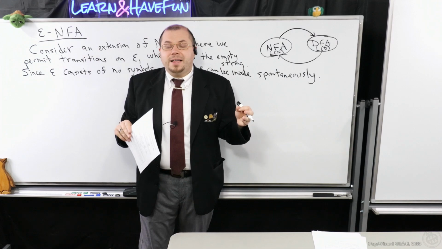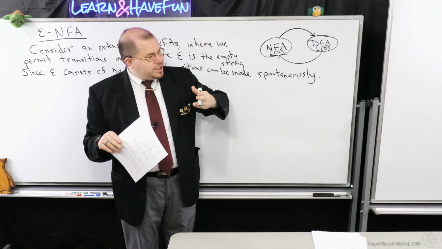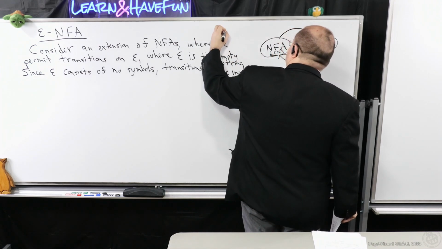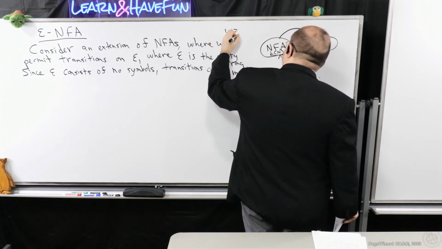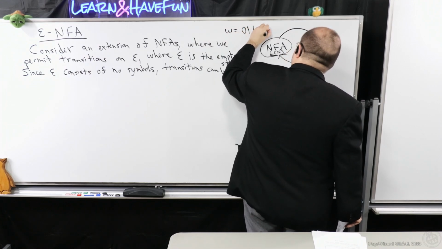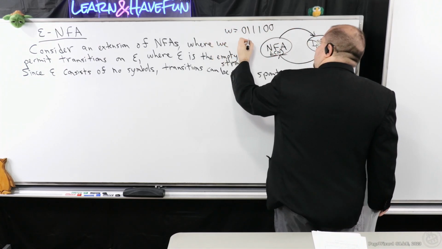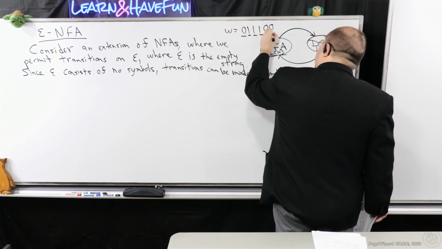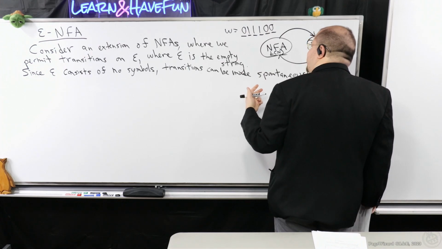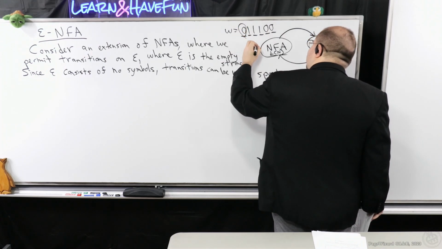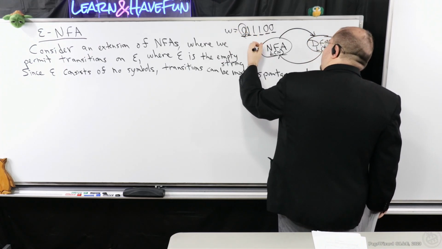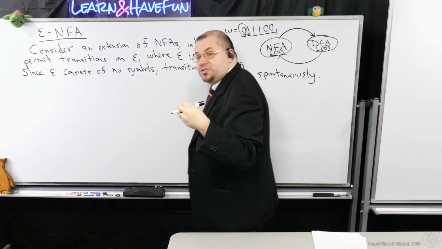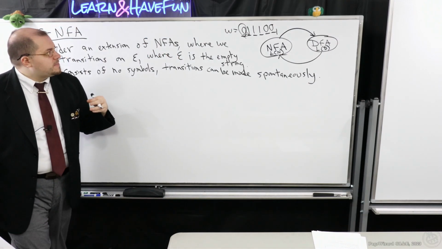I'm going to keep this at a high level for now. You imagine it takes in a string, say string W, and W is like 0, 1, 1, 1, 0, 0, or something like that. What it does is it reads one symbol at a time. That's what the machine we're used to does. It consumes one of the symbols, and it proceeds to the next one. And it finishes execution once it finishes reading or consuming all the symbols of the string.